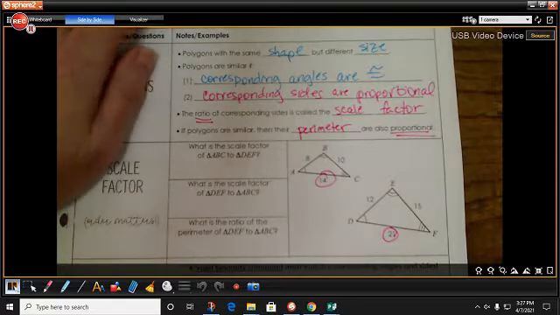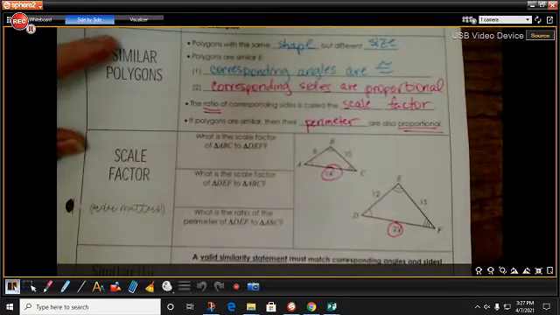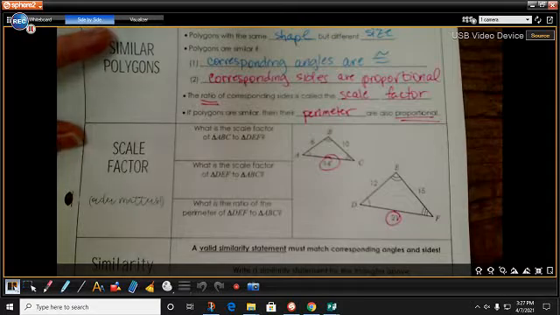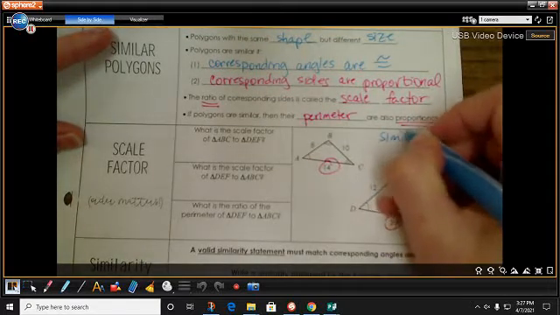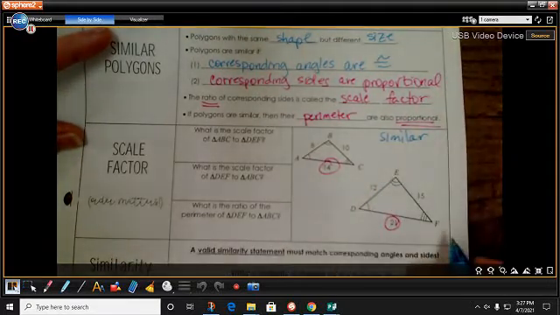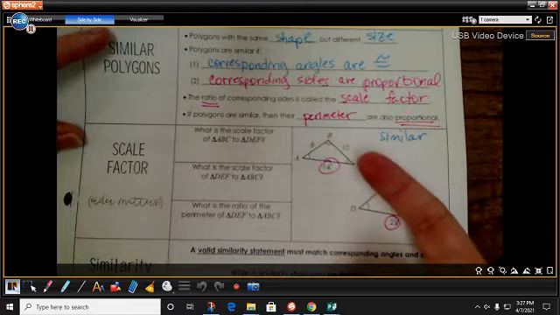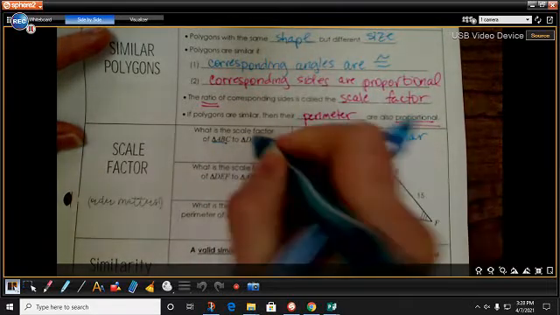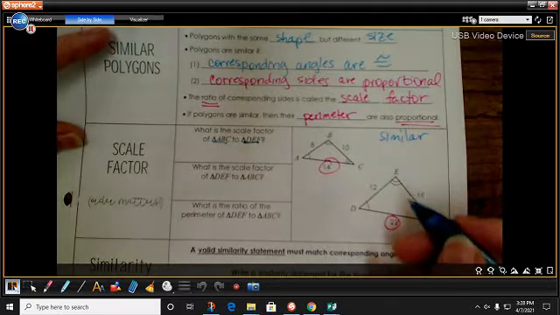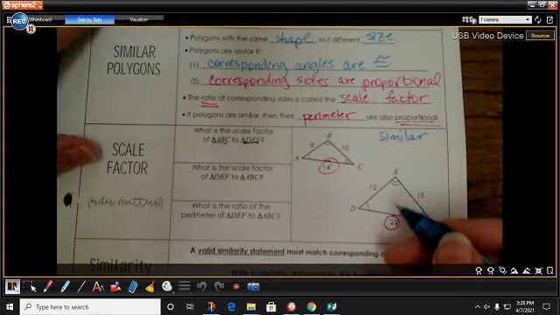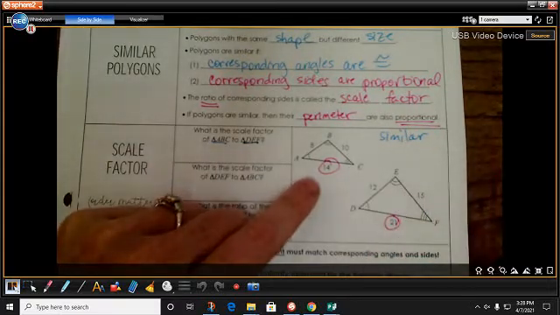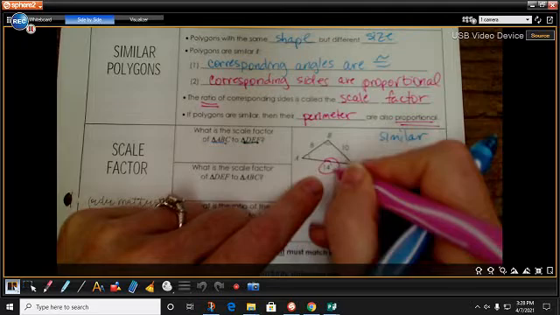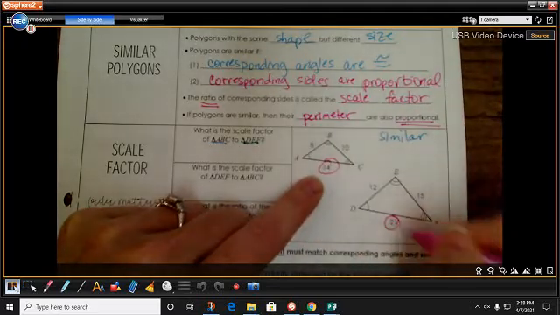And so here, I'm going to give myself two similar shapes. These guys are similar. And if I know they're similar, I can figure out the scale factor. What is the scale factor of triangle ABC to triangle DEF? Well, if they're similar, then I can pick any two corresponding sides. Oh, look, I can pick 14 to 21.